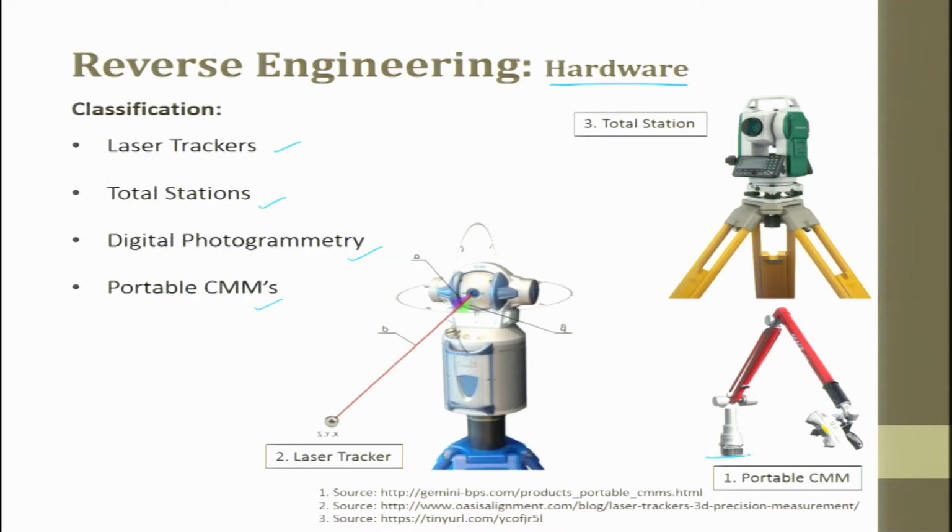This CMM can be fixed in any plane and then you can start acquiring the data of a given object. Here you can see it is contact, and you can also use a laser, which is non-contact type. So, it can be used to acquire data and collect the points. Portable CMM is now becoming very handy.